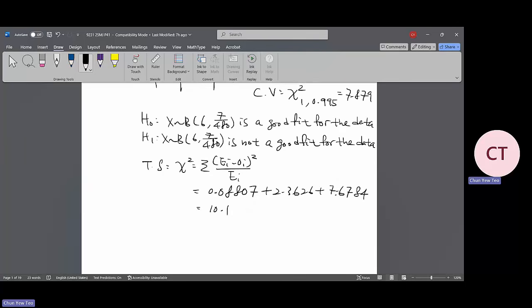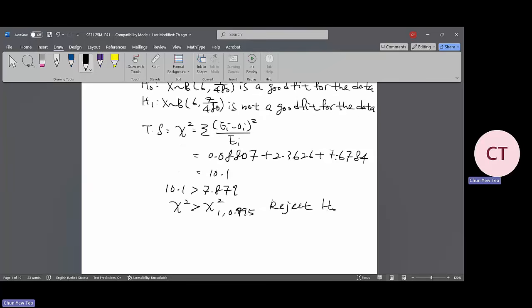If you compare the test statistic with the critical value, you can see that your test statistic is greater than the critical value. That means you should reject H0.